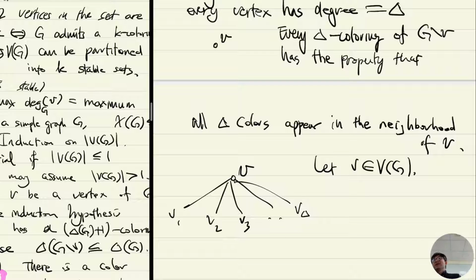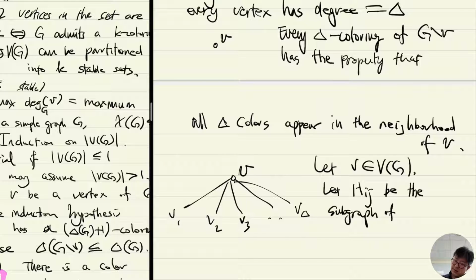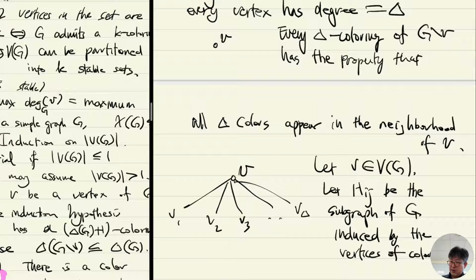Every vertex has the property. Okay, so again the same argument. Let Hij be the subgraph of G induced by the vertices of color i or j.